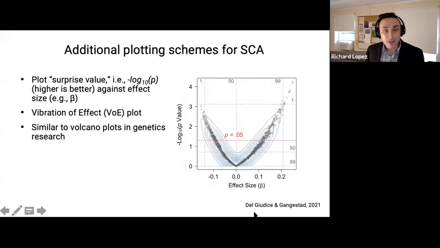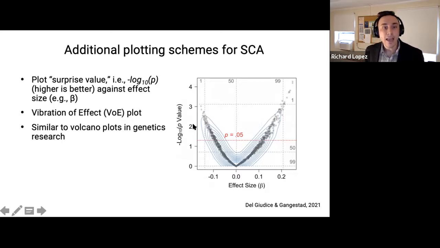And Del Giudice and Gangestad, this paper just came out that talks about multiverse analysis and various considerations with it. They plot here, and this is from simulated data to make a point they were making in the article. But here on the x-axis, you have effect size, and here on the y-axis, you have, again, that surprise value, where higher is better. So here, with the dotted red line, that's just giving you a reference point of p of 0.05, right?